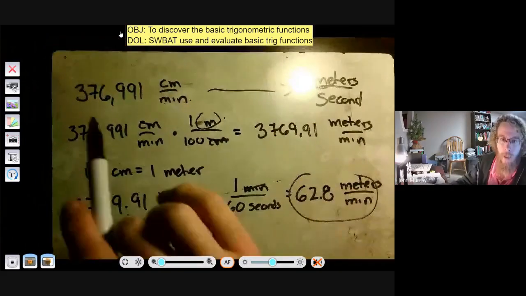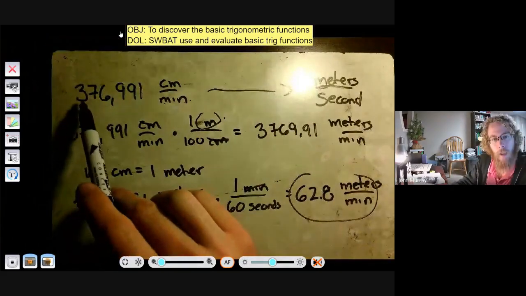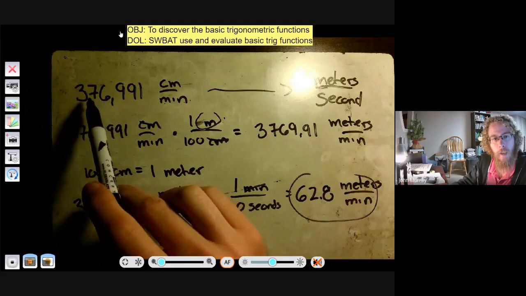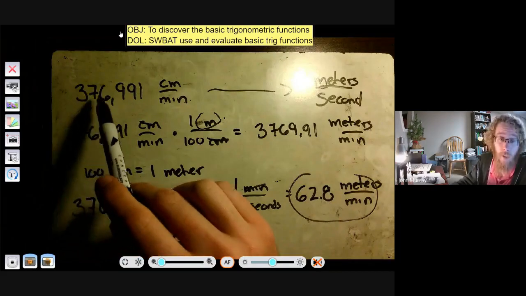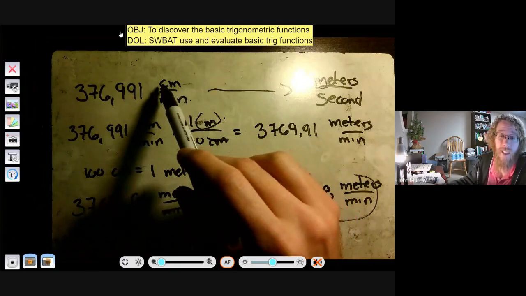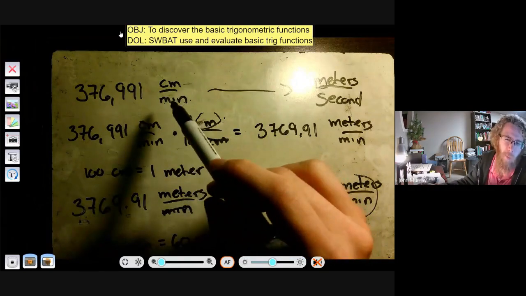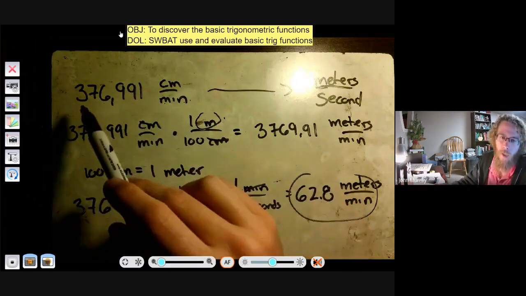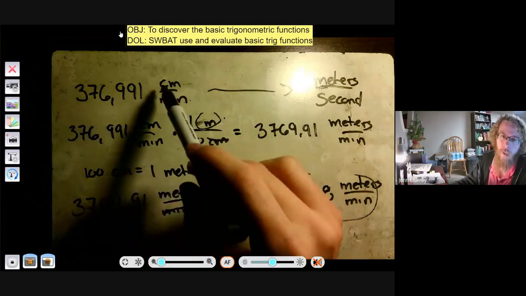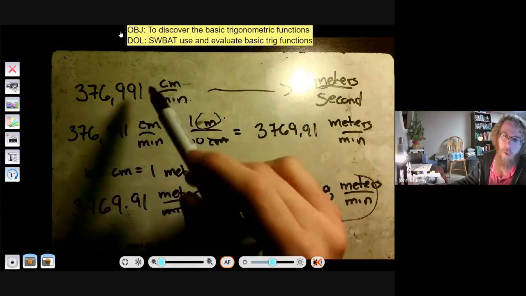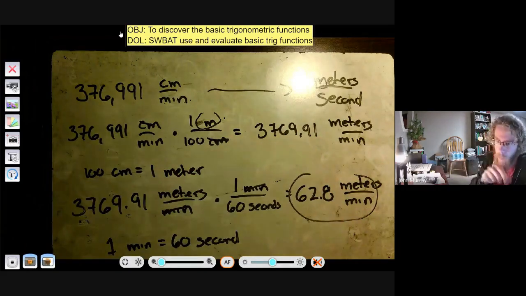Right, so it may seem large here, right? 376,991 centimeters per minute. If you really think about that, though, in 1 minute you're covering 300,000 centimeters. Well, a centimeter isn't very big.